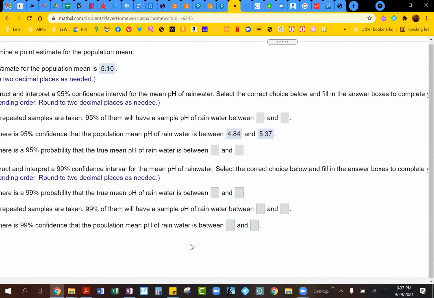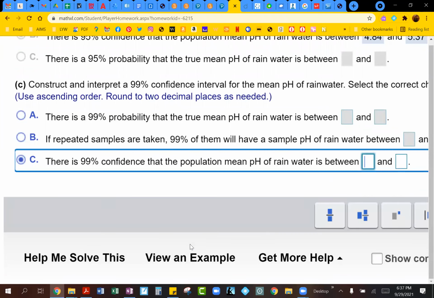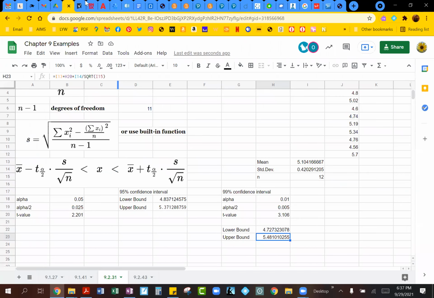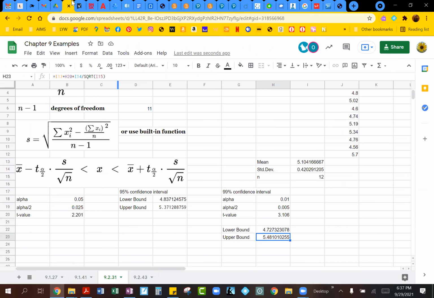And again, guys, you are still doing a confidence interval. So even though they're changing the order here, you are still good to go. So what was that? 4.78? Sorry, 73. And then for the upper one, we had 5.48. Okay.